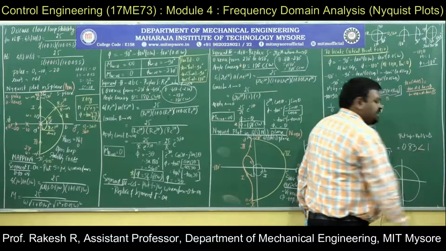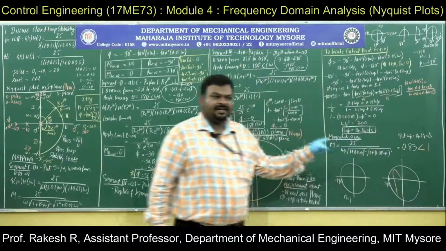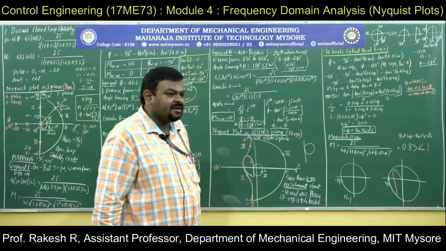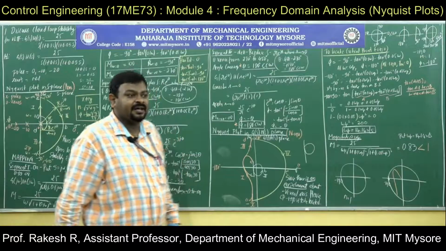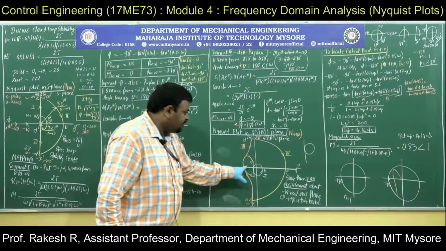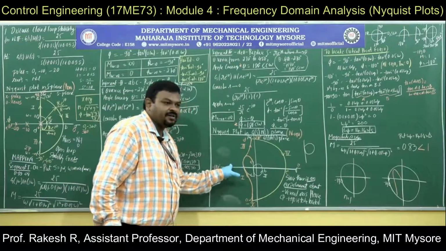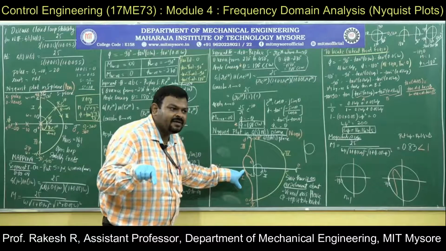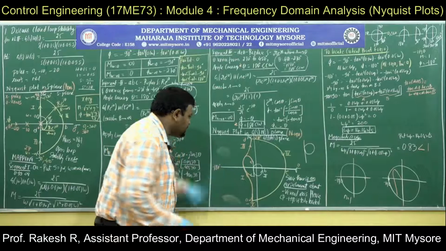Since the magnitude is 0.83, less than 1, where is the critical point? The critical point will be after this plot, because this plot has magnitude less than 1.